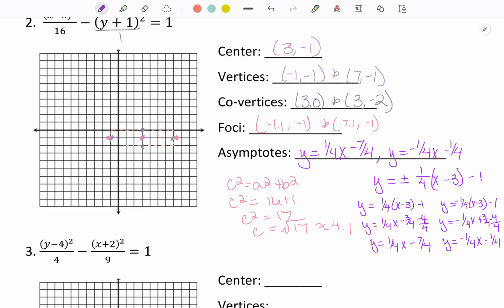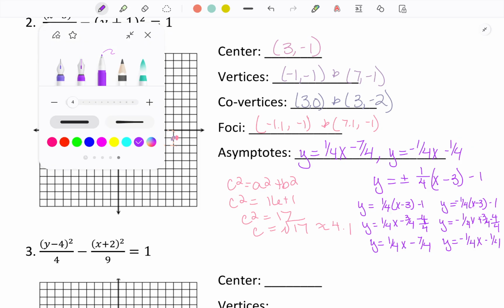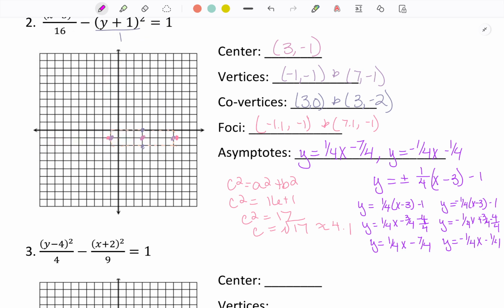And so this is one of the reasons why I use that box quite often too, is because those y-intercepts are just about impossible. So what we can do is we can actually use our center, and once we have our slope, go up 1 over 4, down 1, back 4, down 1, back 4. Or to me, it is actually easier to just draw a smooth line for those.